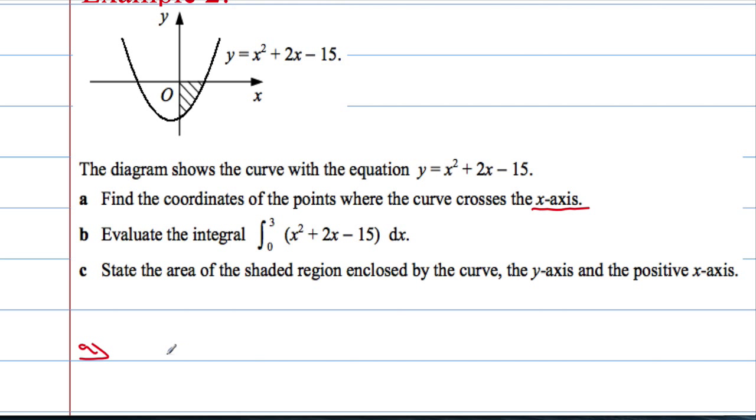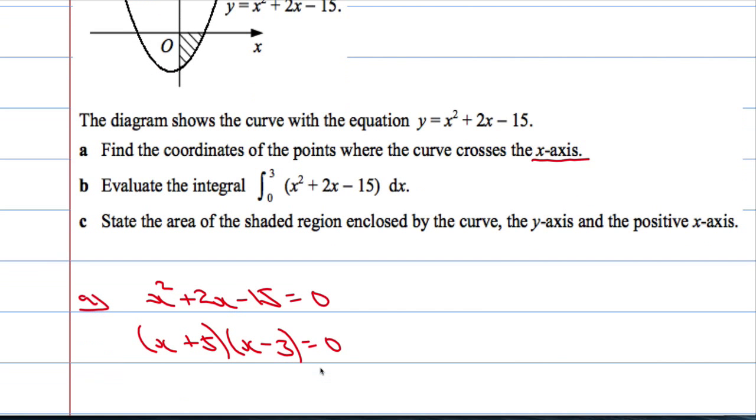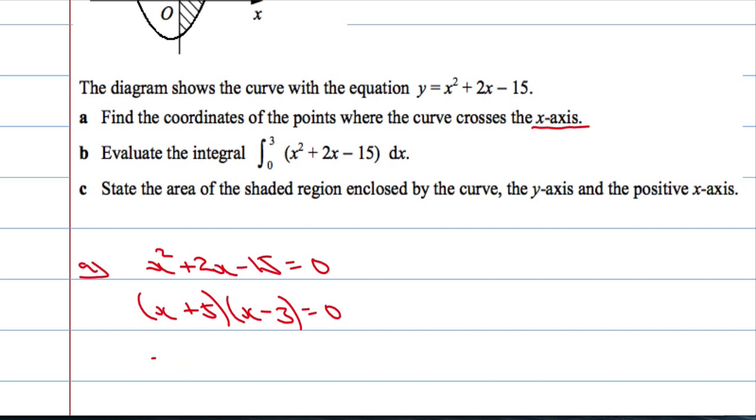So we're going to factorise x squared plus 2x minus 15 equal to 0, which is going to give me x plus 5 and x minus 3 equals 0. The values of x are going to be x equals negative 5 and x equals 3.